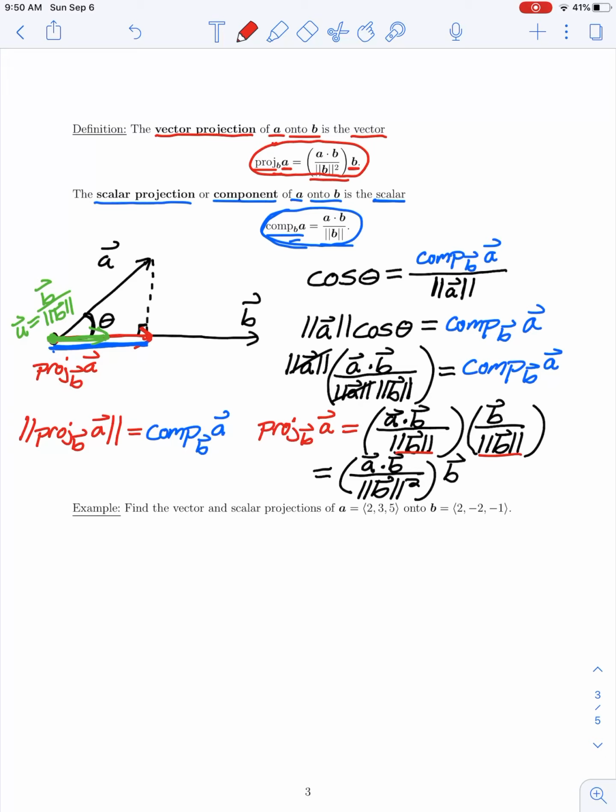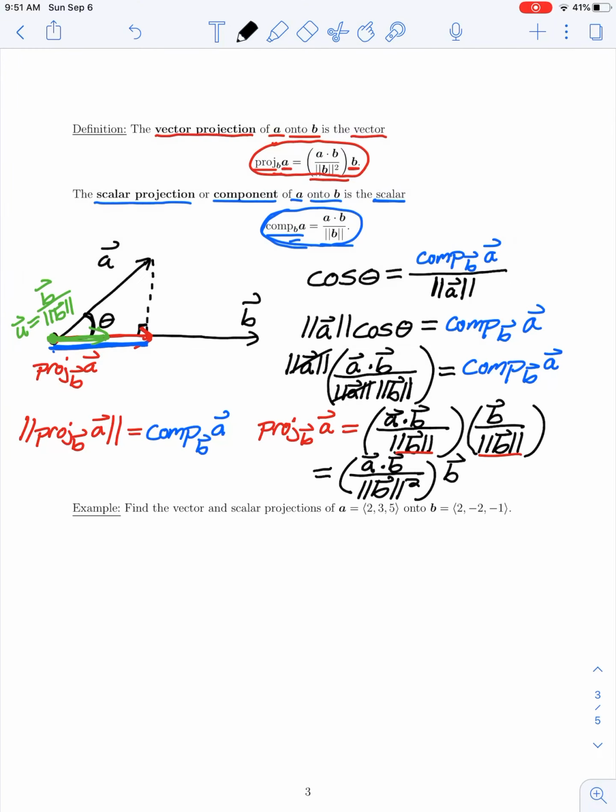So let's look at an example of this. In our next problem, we're asked to find the vector and scalar projections of the given vector A onto the given vector B. So there's a few things that we need to calculate in order to compute these.